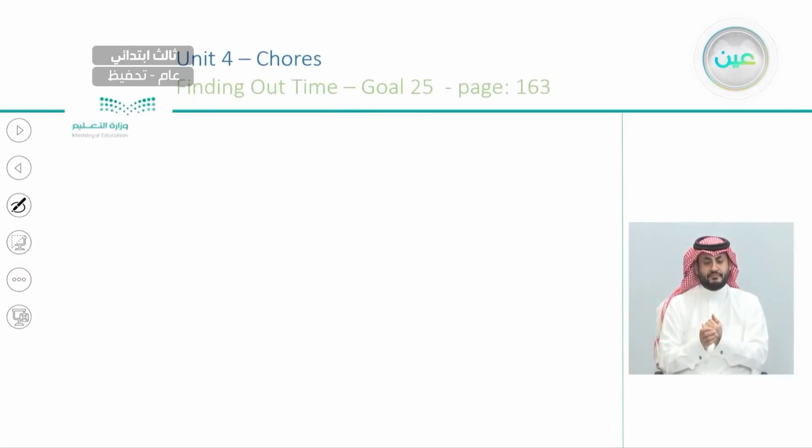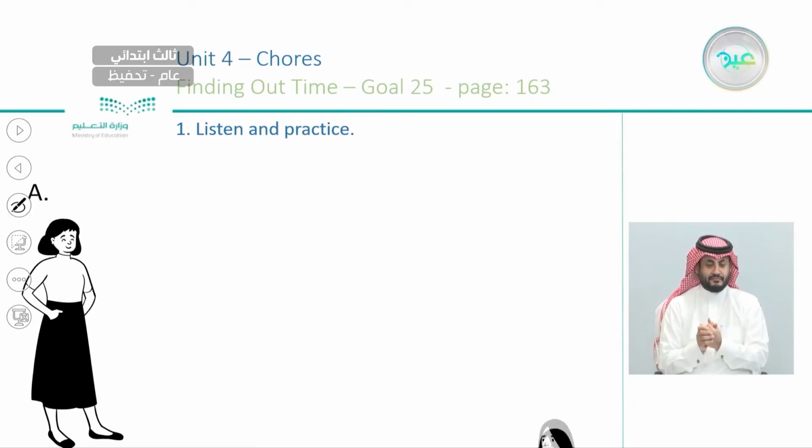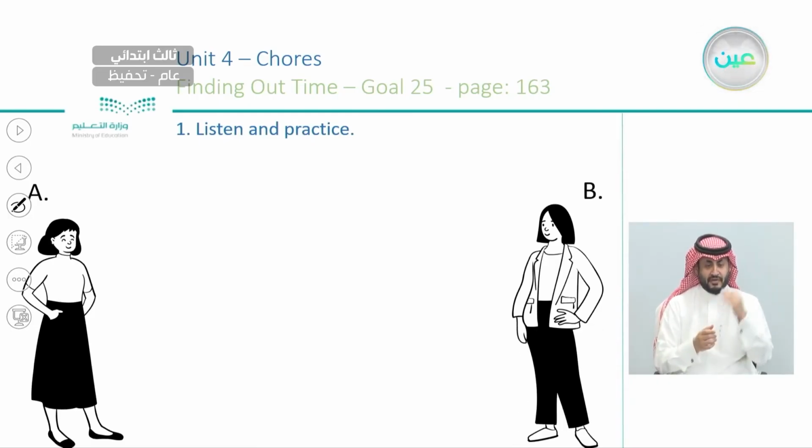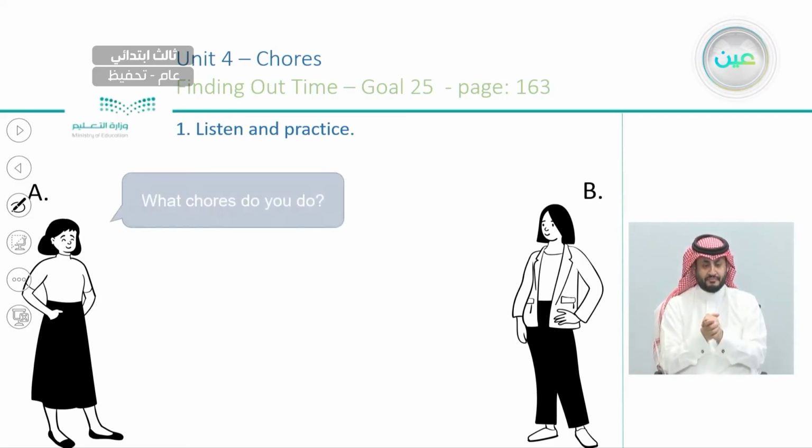Okay, now on page 163, goal 25, turn to page 163. Okay, so number 1, listen and practice. We have 2 women here, A and B. A says, what chores do you do?